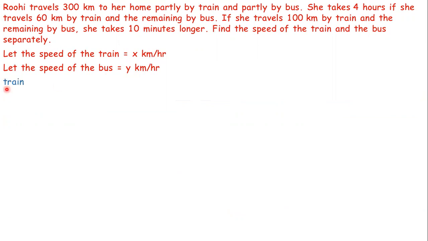She travels partly by train, partly by bus. Now speed of train is x. Distance traveled in train in the first case is 60 km. What is the time taken to travel in train? It is distance by speed, that is 60 by x.